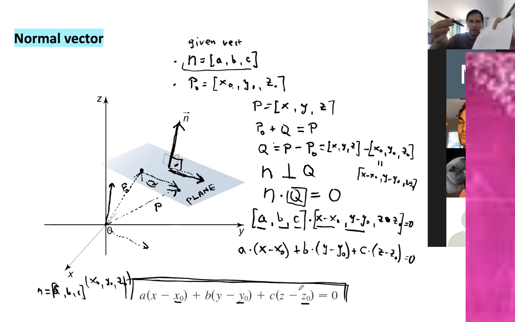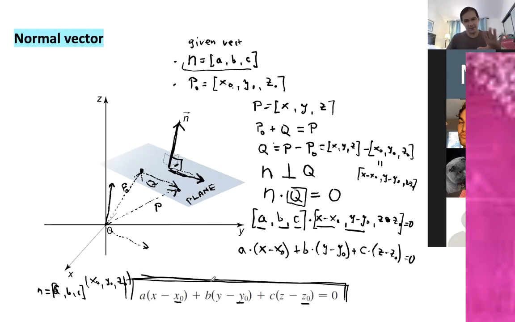The plane is unique, because if you just specify a point, there are so many planes that go through it. But when you specify a point as well as a normal vector to the plane, then you specify the plane uniquely. And that's exactly the equation of this plane.